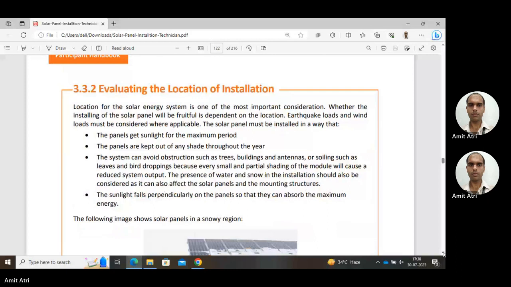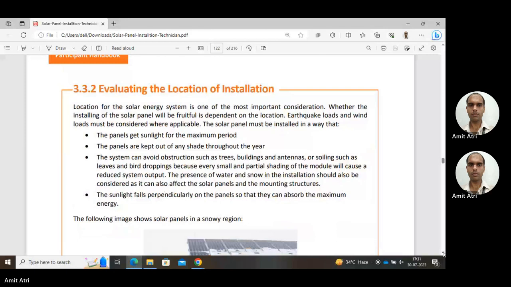The solar panel must be installed in a way that the panels get sunlight for the maximum period. First requirement: the maximum availability of sunlight. It should not be that some other building causes shading on our structure, because then our purpose of installing the panel won't be served. The panels should be kept out of any shade throughout the year, so we have to avoid shading from obstructions like trees, buildings, and antennas.